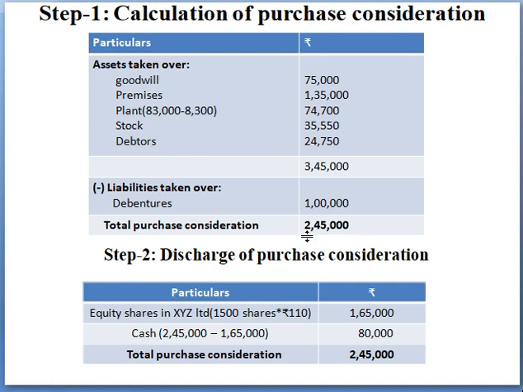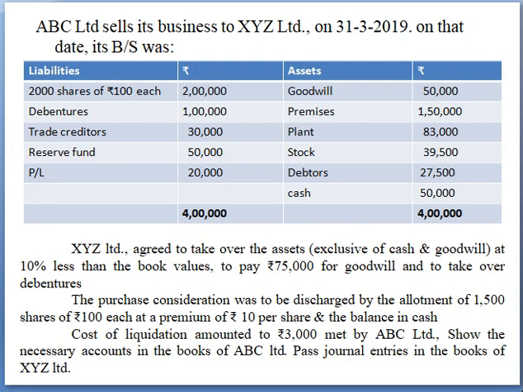So total amount of purchase is 2,45,000. Out of this amount, 1,65,000 is paid through the equity shares, and the balance will be 80,000, that is paid through cash. Now the total of these two is the total purchase consideration, right? Now the first and second step is over. Now check your problem.